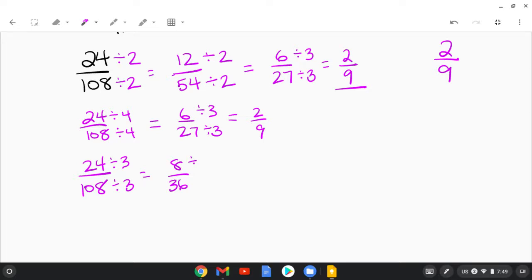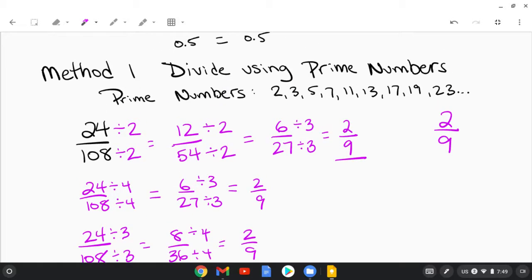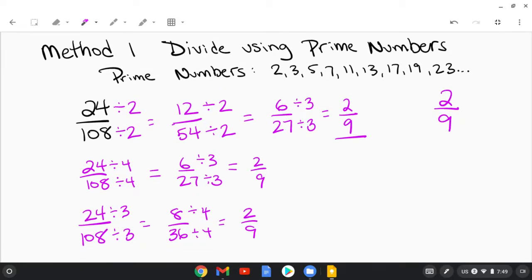And hey, this is also divisible by 4, and I get 2 over 9. So there are many ways that you can go about doing this, but in this method, you're using prime numbers or combining some prime numbers, and you're using your divisibility rules. Dividing using prime numbers will typically take you a few more steps, but you will still get the same answer.